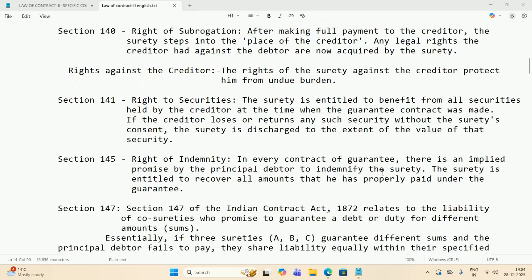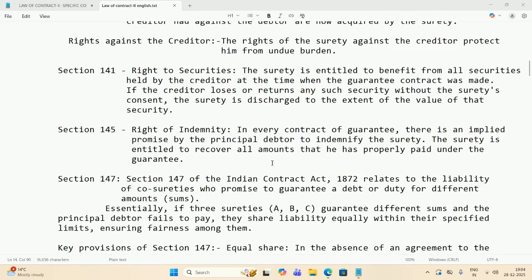Now section 145, right of indemnity. In every contract of guarantee, there is an implied promise by the principal debtor to indemnify the surety. The surety is entitled to recover all amounts that he has properly paid under the guarantee.